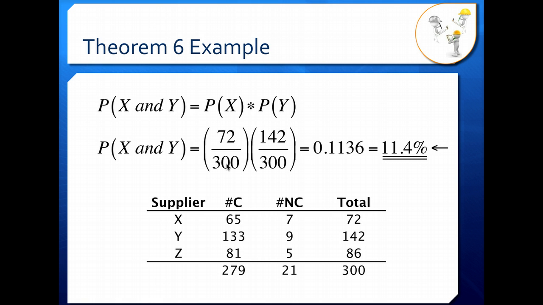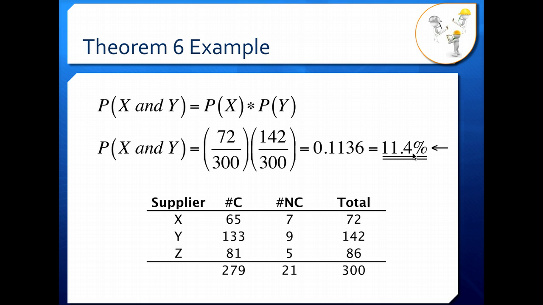For our second trial, we want the probability of picking a part from Y. We know that there are 142 parts from Y, and since we put the first part we selected back, there are still 300 parts in our box, and so that's why we're dividing by 300 instead of a different number. So when we multiply through, we get a probability of 11.4%. And that's reasonable for this.